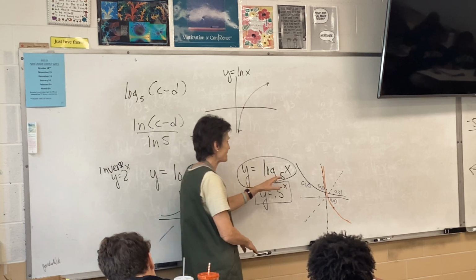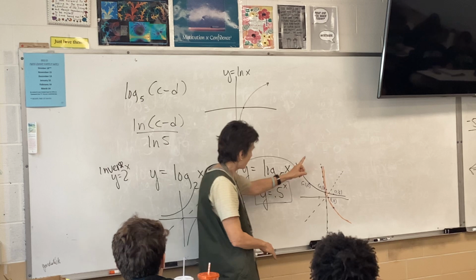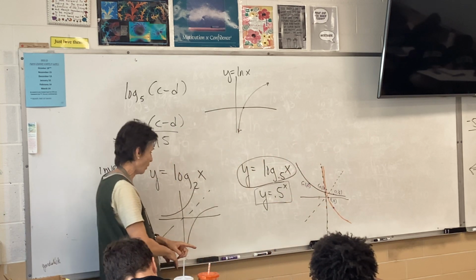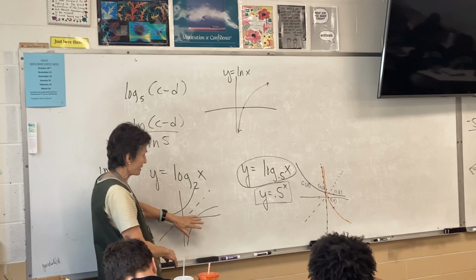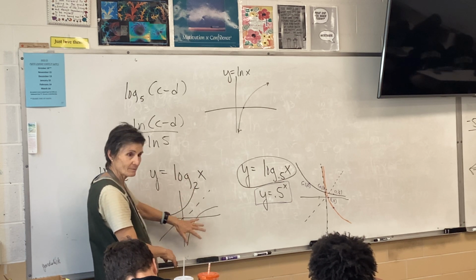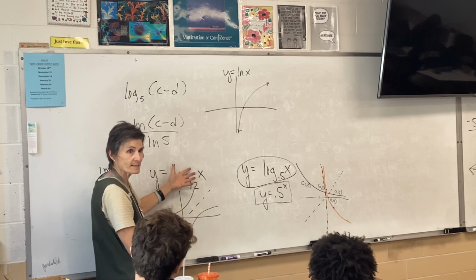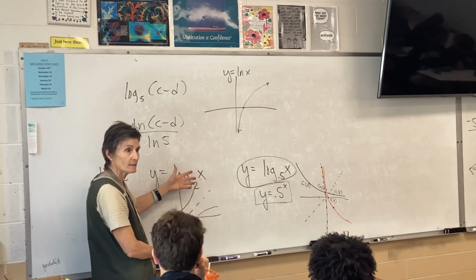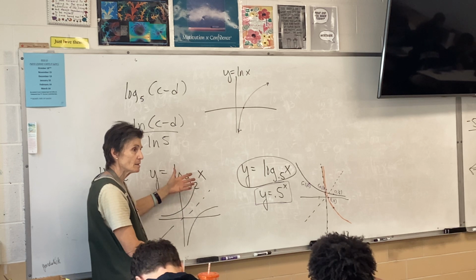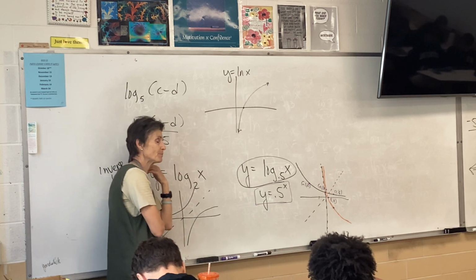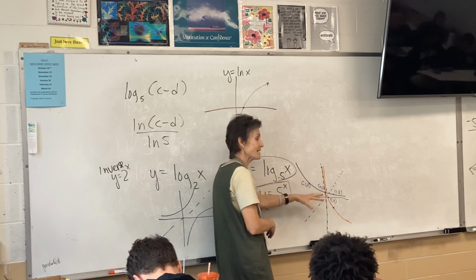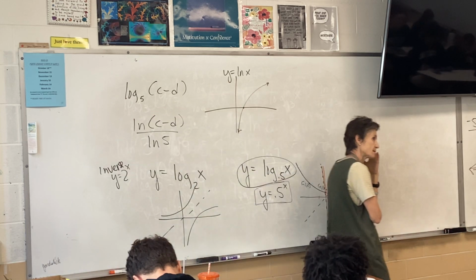If our base is less than 1, that's what Oliver drew. It's kind of been flipped across the x-axis, hasn't it? Does that make sense, that the picture essentially got flipped across the x-axis?